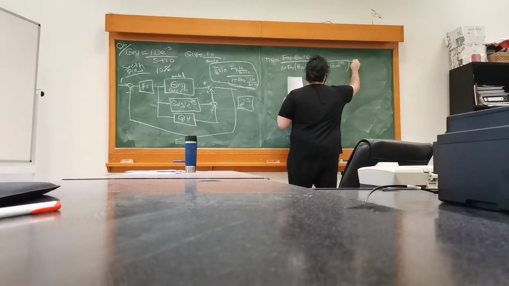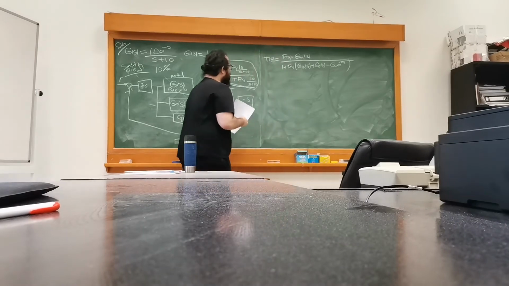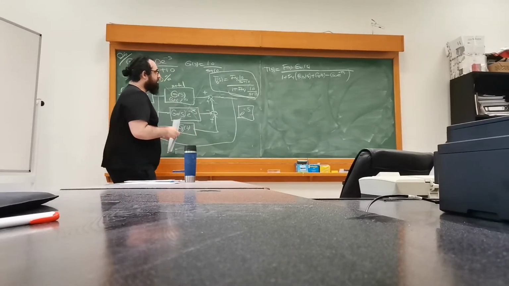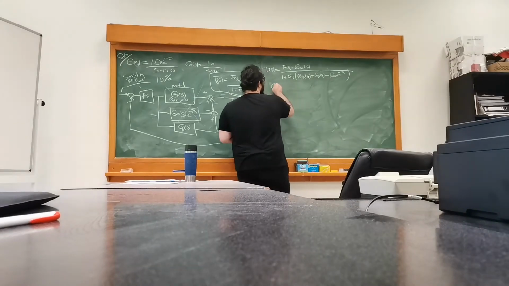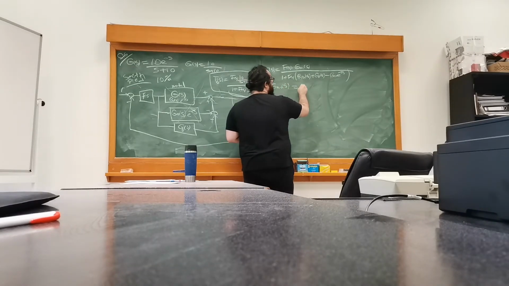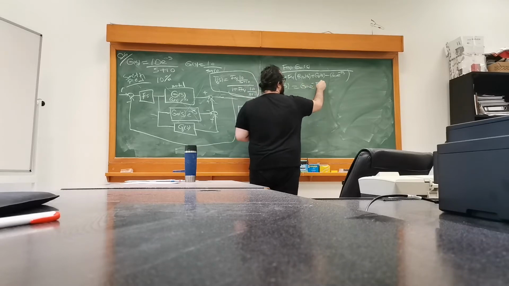So this is basically the actual closed loop if you work it out from here. And if the cancellation occurs, ideally you will get G0(s) e^(-τs).